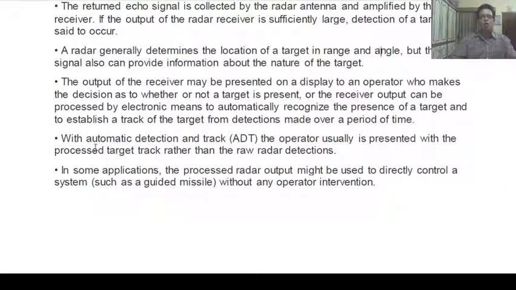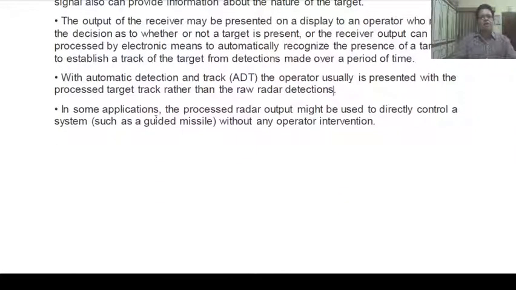With automatic detection and track, the operator is usually presented with the processed target track rather than the raw radar detections. In some applications, the processed radar output might be used to directly control a system, such as a guided missile, without any operator intervention.